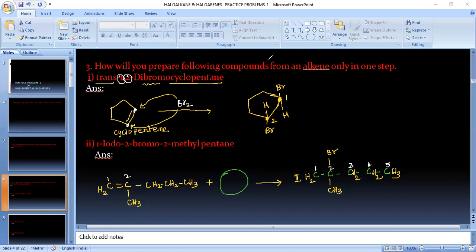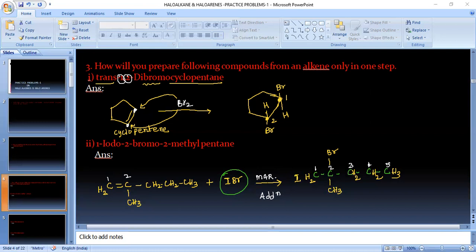Very simple: an interhalogen compound like IBr, iodine and bromine. So this is an addition reaction. An important point is the Markovnikov rule. We need to follow the Markovnikov rule, then we will get this one. Okay, next question.